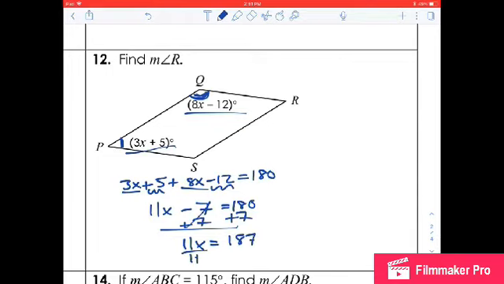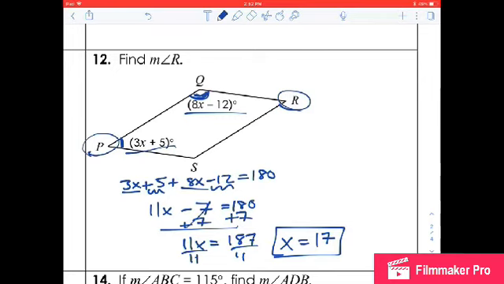Divide by 11. I get x equals 17. But again, that's not my final answer there. I've got to plug it back in and then find r. Well, r is the same as p, remember?